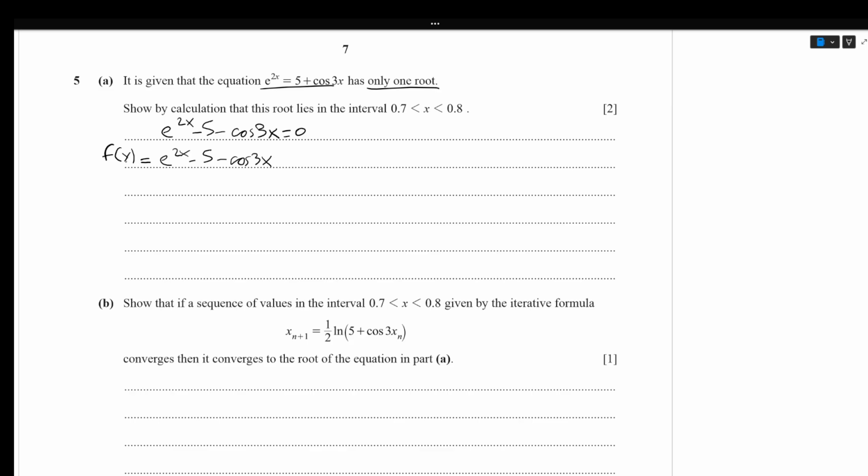So the root of this equation is the value for which f of x is equal to 0. Okay, so f of 0.7 and f of 0.8. F of 0.7 is negative 0.44 and f of 0.8 is 0.69.